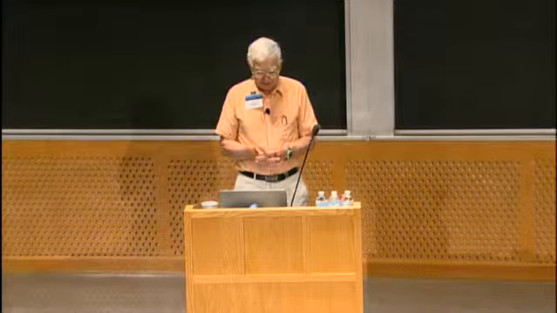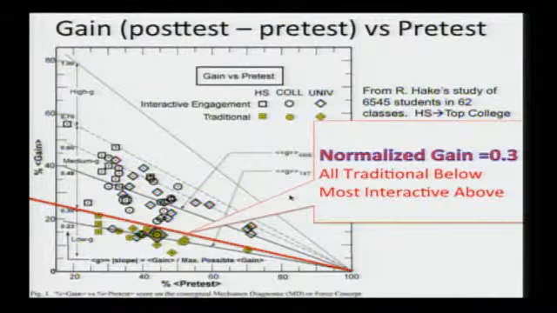And as you can see from this, there is essentially a line here at about 30%, where all the traditional courses lie below that line, and most of the interactive courses lie above that line. This was true across, and these lines seem to be pretty straight.